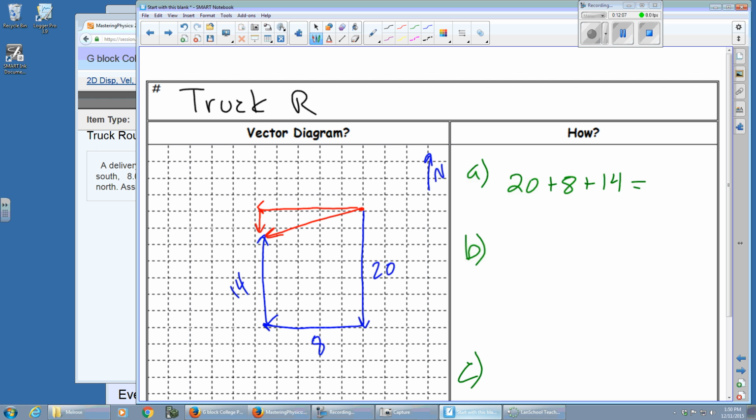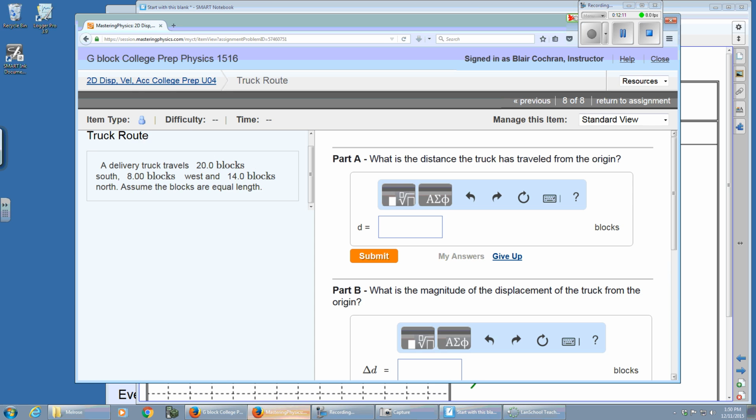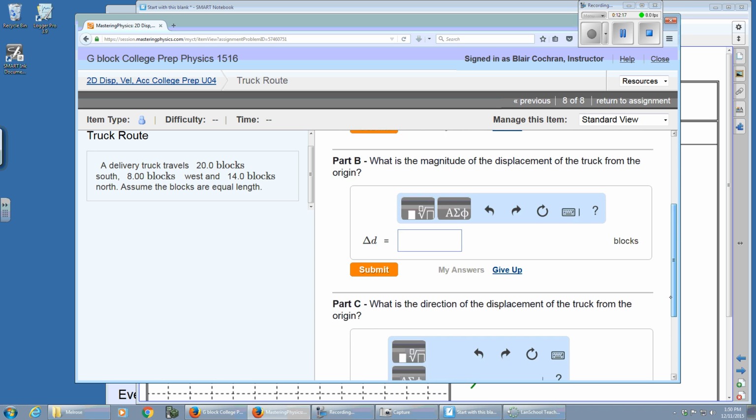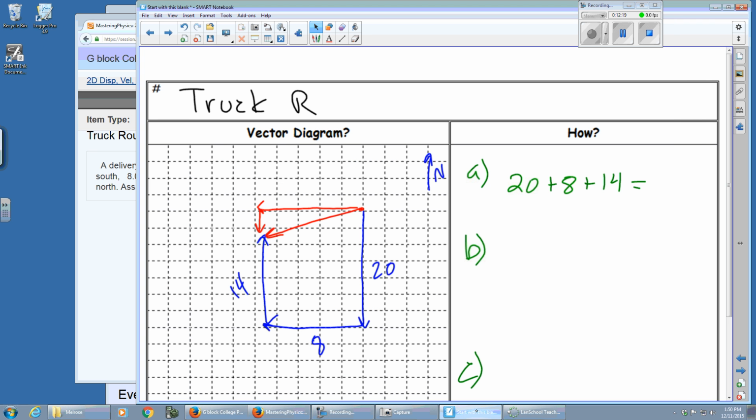Kind of completing out my rectangle there. What angle do they ask me for? They ask me for south of west. That would be this angle here, because west would be to the left, and south would be down, so that would be south of west.